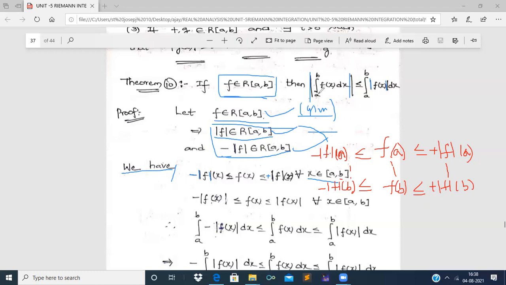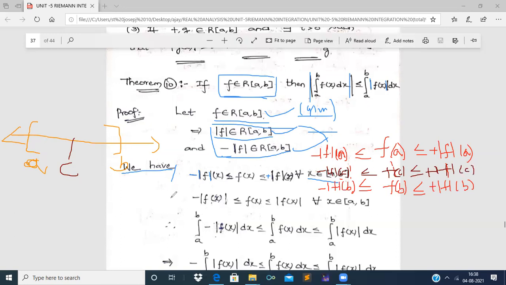So if we take a real number line, and on it the closed interval [a, b], and if we take a point c in between a and b, then this condition will be true for this point c also. That means minus mod f(c) will be less than or equal to f(c), less than or equal to plus mod f(c), for a value c lying in the closed interval [a, b].